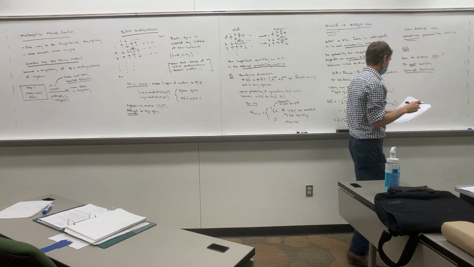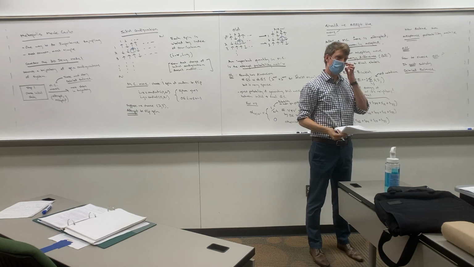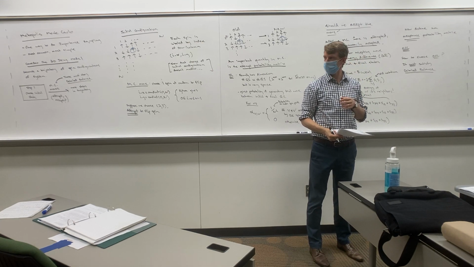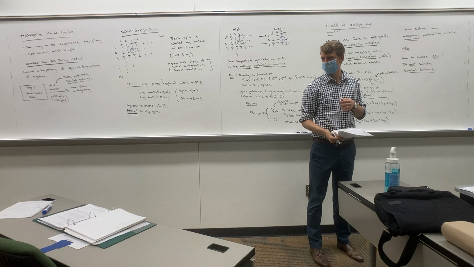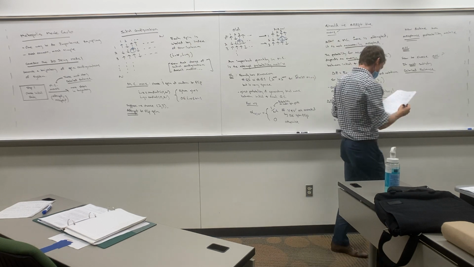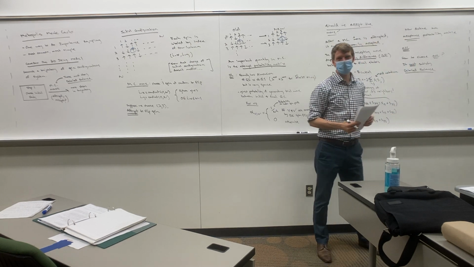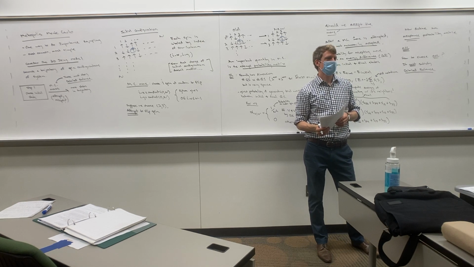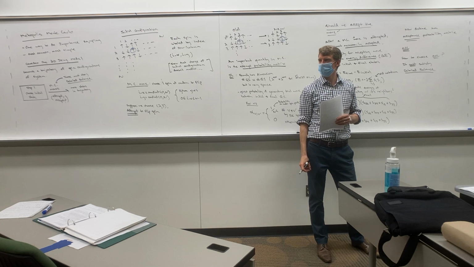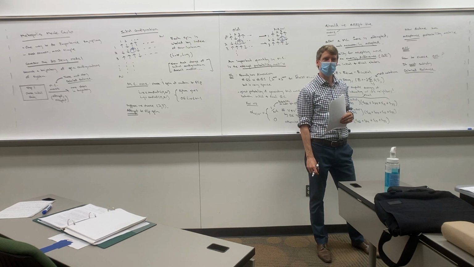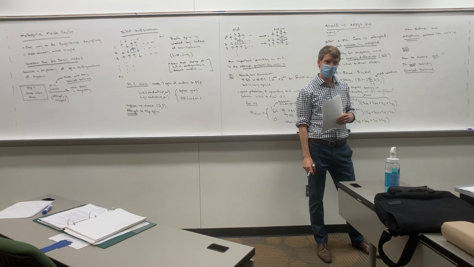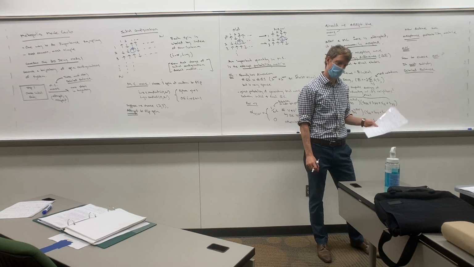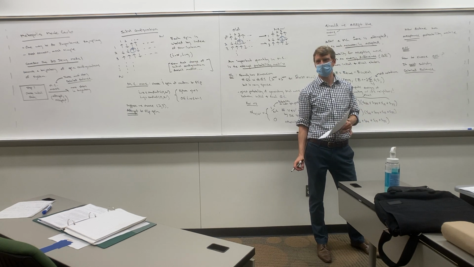Okay. When I discuss detailed balance in Monte Carlo, I'm always tempted to discuss kinetics. I never know if I should or I should not. Detailed balance is analogous to the principle of microscopic reversibility in kinetics. Do people remember what the principle of microscopic reversibility in kinetics is? You can think of equilibrium in two ways. You can either think of equilibrium as a thermodynamic phenomenon or a kinetic phenomenon.